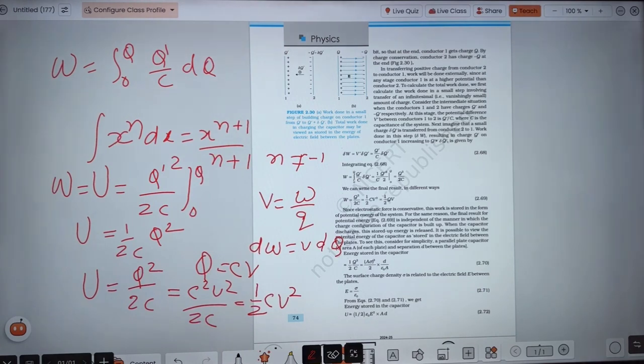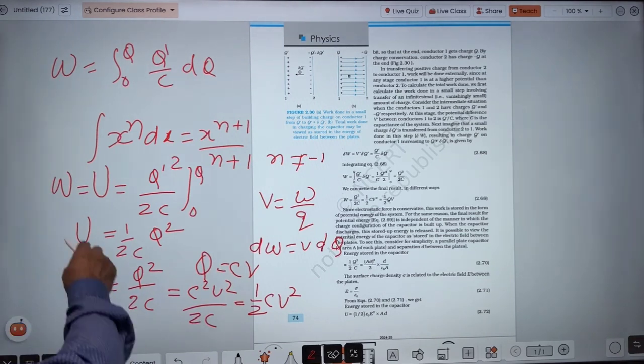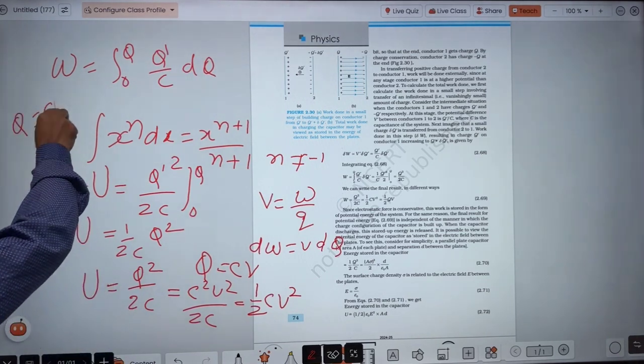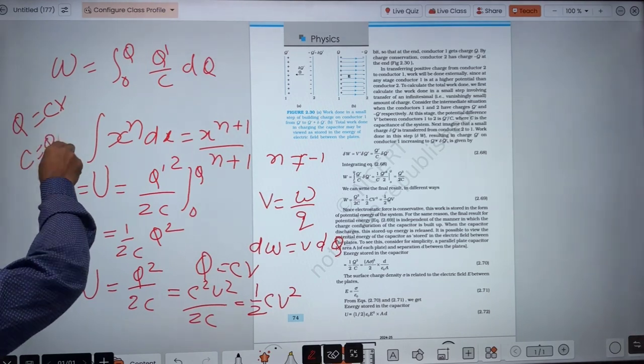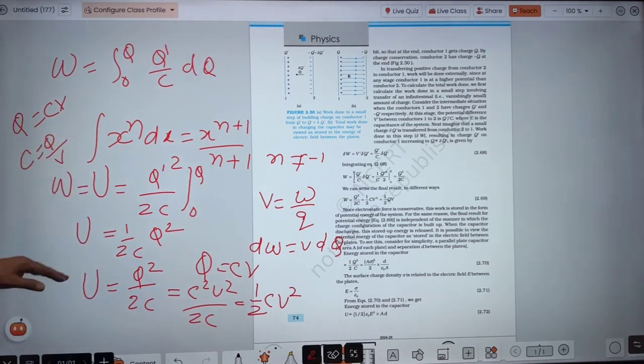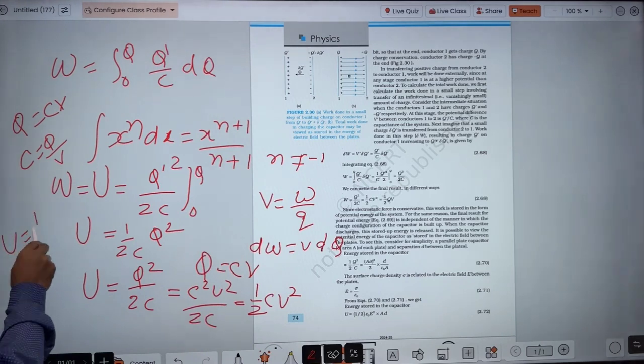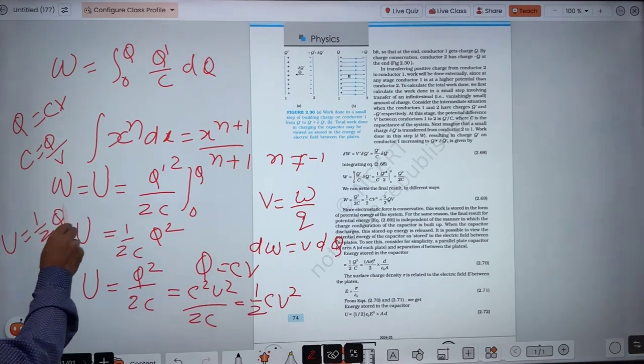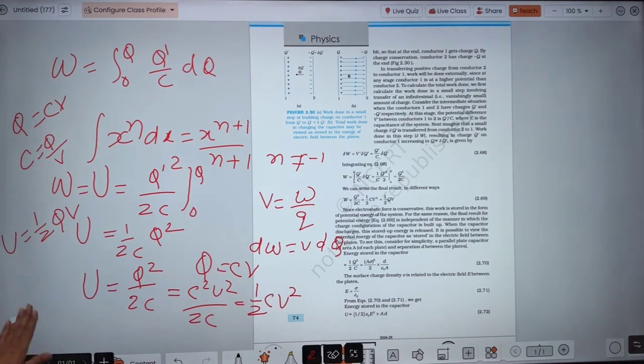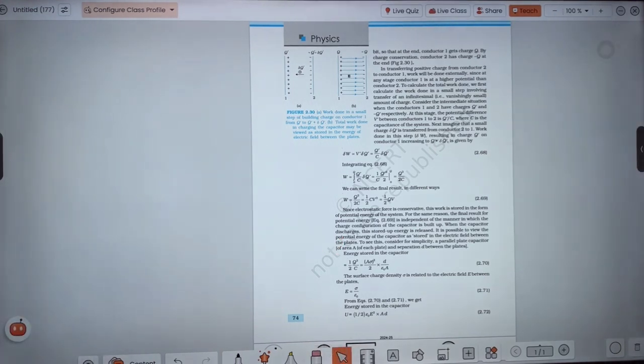In terms of charge, if you want to remove capacitance, then further you can write in place of C, from Q equal to CV, C equal to Q upon V. So if you write Q upon V, then you will get this energy U equal to half QV. So three formulas are possible for the potential energy stored in a capacitor.